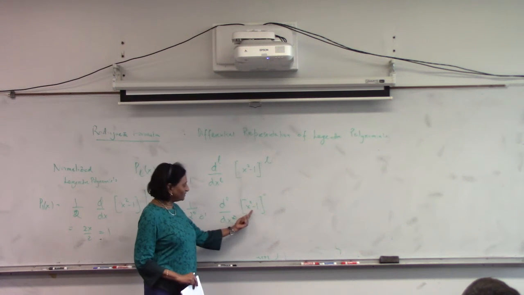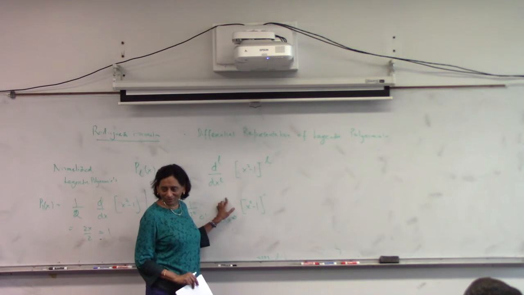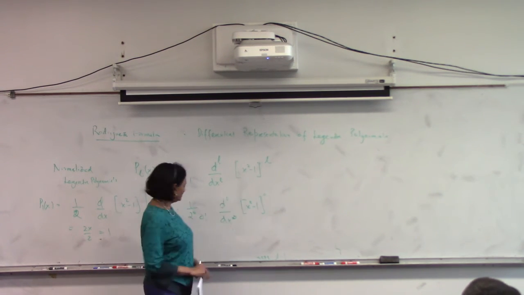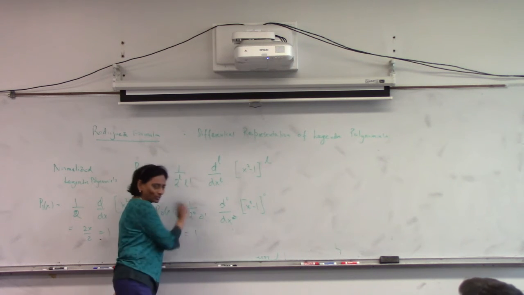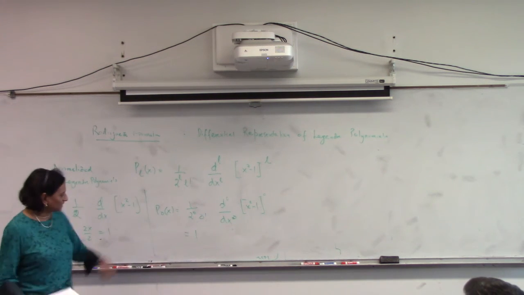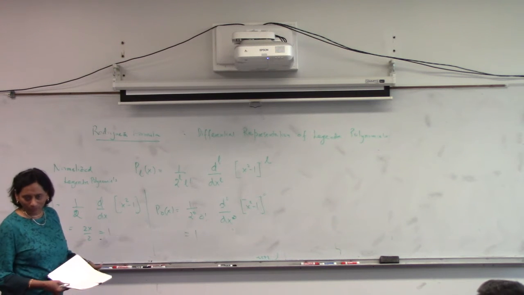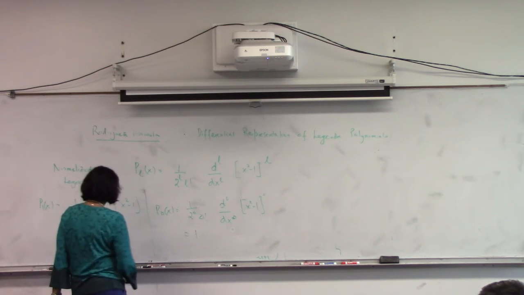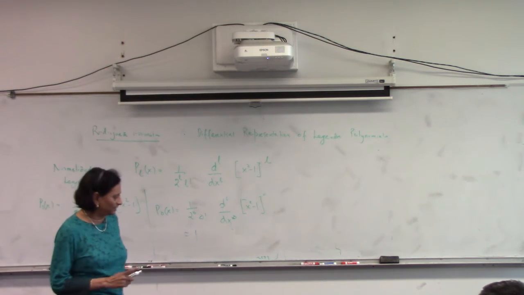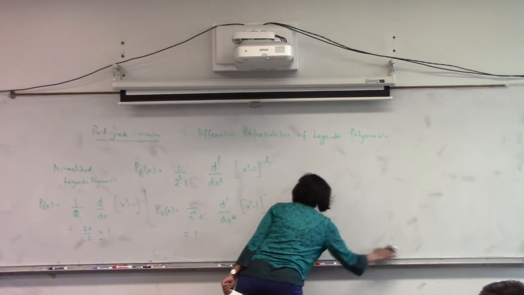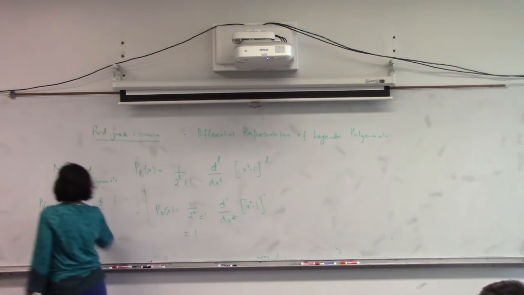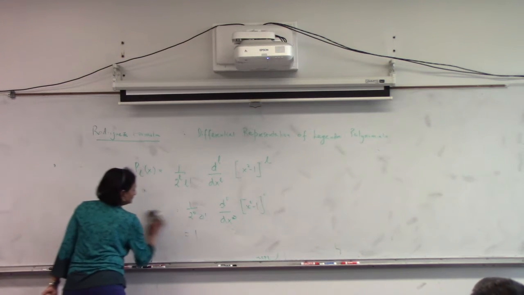Anything to the power of 0 is 1. So P0(x) is a bit tricky, but the others are just normal derivatives you can do. Okay. So I want to prove this expression to you, and it's also a very useful one.